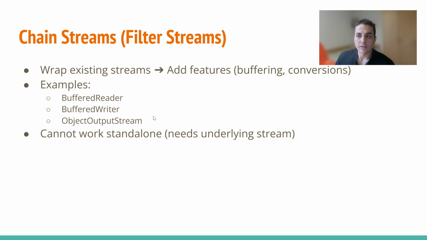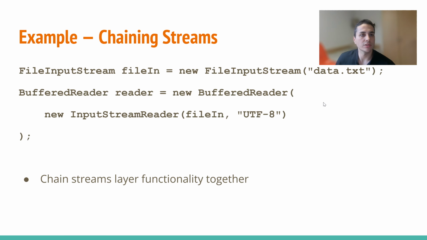Chain streams rely on another stream to actually receive the data, and you can recognize them because you pass an existing stream into their constructor. In usage, they often combine with connection streams. Here we have an example of chaining streams.